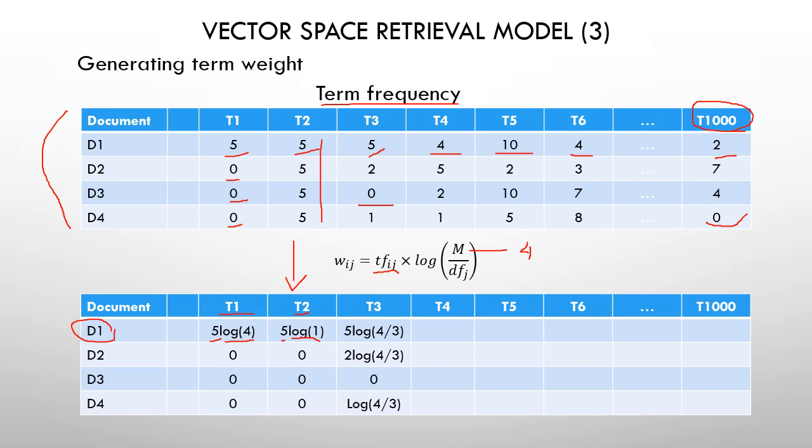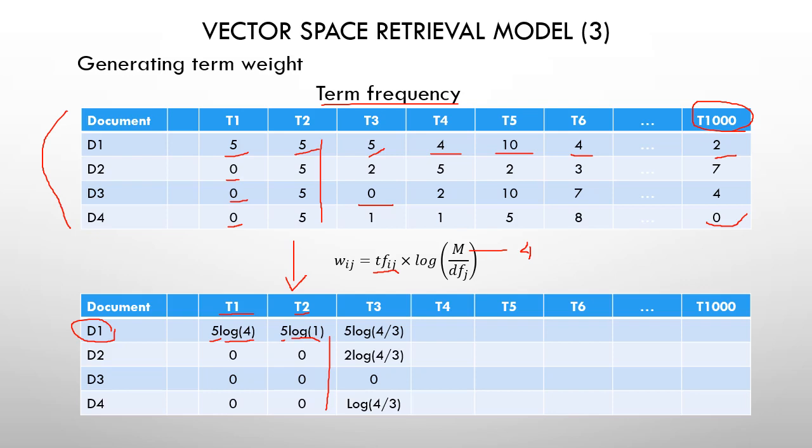It means that this term is not a good term for distinguishing any document. So finally, this logarithm is logarithm 4 divided by 4, which is logarithm 1, but logarithm 1 is 0. So for term 2, the weights are all 0 here.